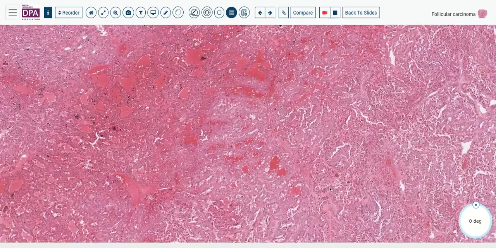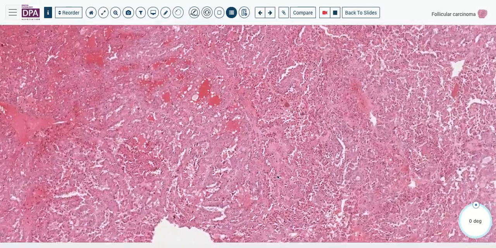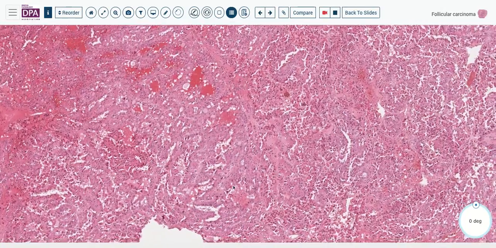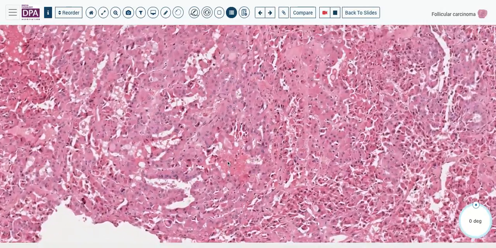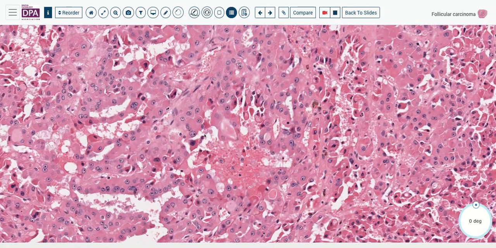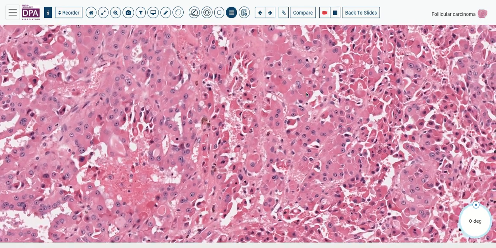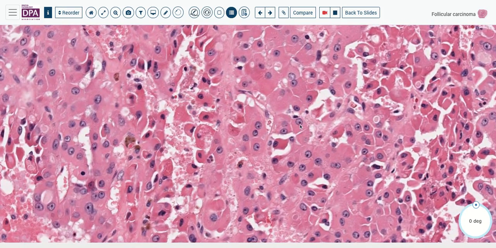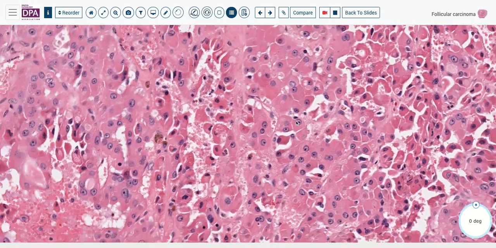And looking then, we have to answer the question, is it follicular or is it papillary? We see there's a fair bit of eosinophilic oncocytic cytoplasm here. This could be a Hürthle cell variant of follicular carcinoma with this degree of oncocytosis. Prominent nucleoli, this type of nucleoli is not a feature of papillary carcinoma.